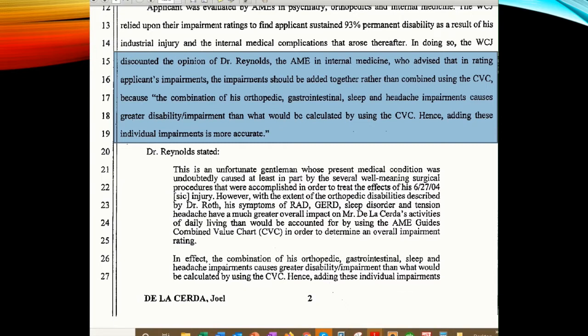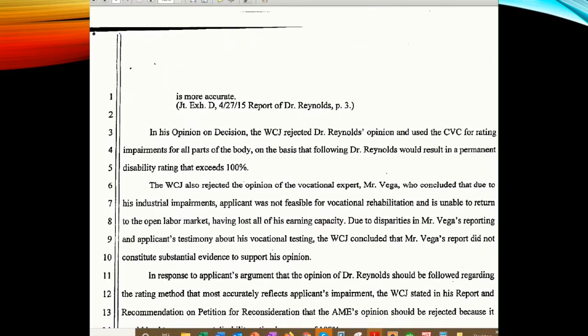In effect, the combination of his multiple impairments caused greater disability than what would be calculated by using the combined values chart. Hence, adding these individual impairments is more accurate.